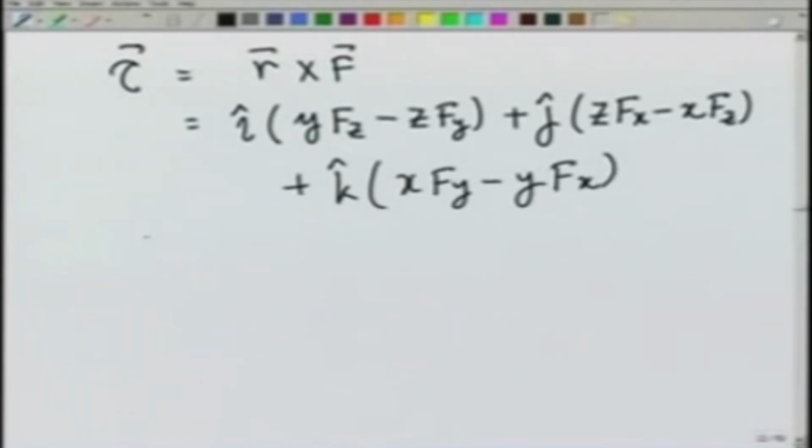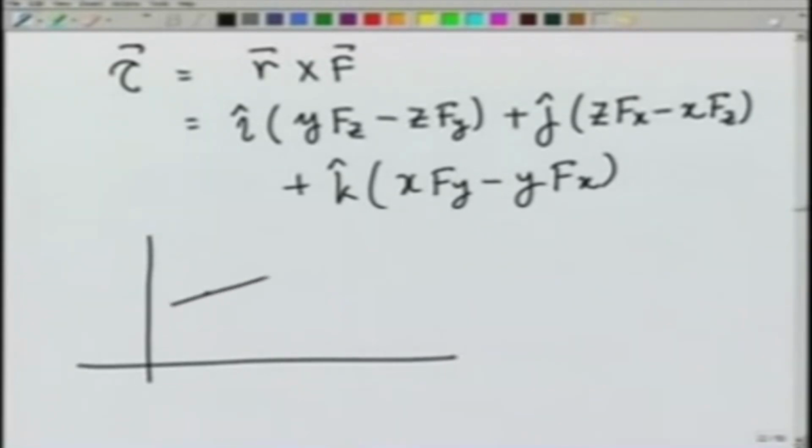So, let us take a simple two dimensional example. Let there be a force of 20 newtons acting along the line which is passing through say 1, 2 and 3, 3.